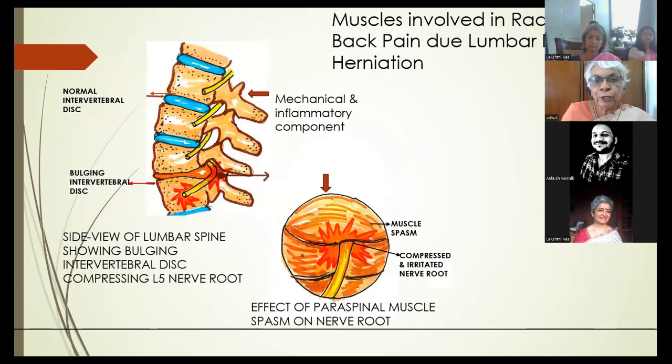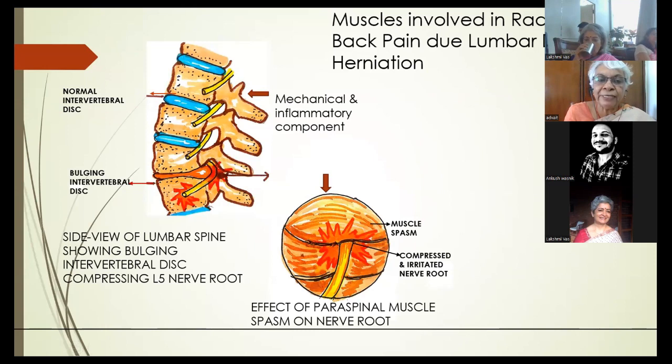So now coming to radiculopathy of the leg. We all know that whenever there is a disc prolapse, there is an impingement of the particular nerve root. So in this case, it is L4-5, and this is the L5 root, the traversing root that has got impinged. Whenever there's an impingement, there is a mechanical component formed by the prolapsed disc per se, and there is an inflammatory component.